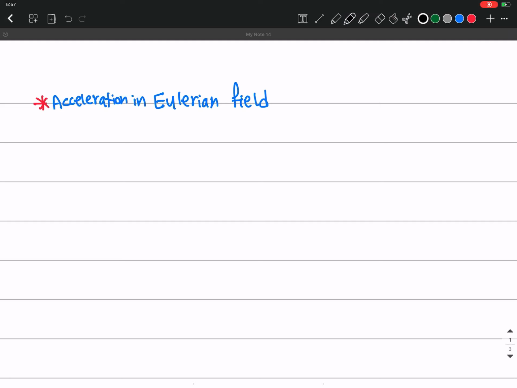Okay. So if we are in a Lagrangian framework, the velocity vector of a particle varies as a function of space, which is x, y, z, and time, right?